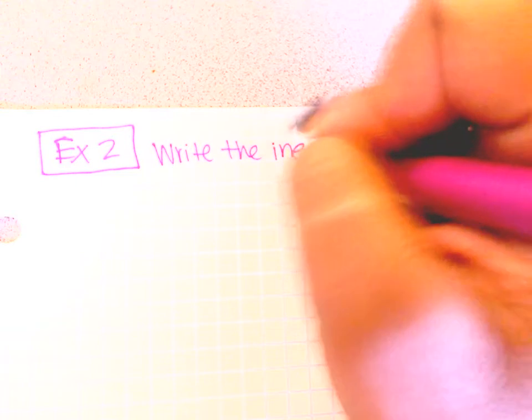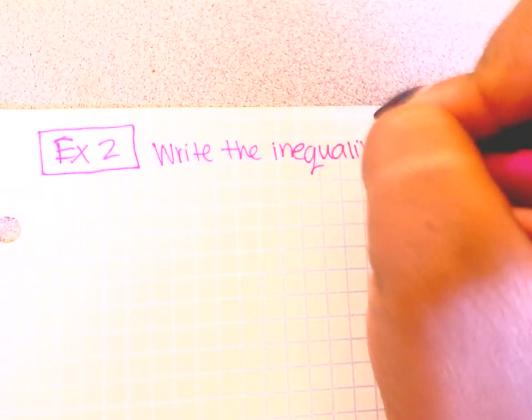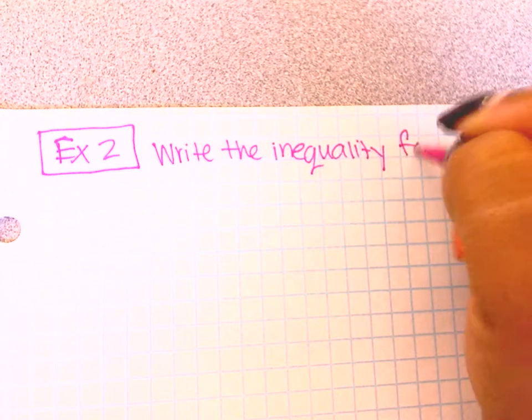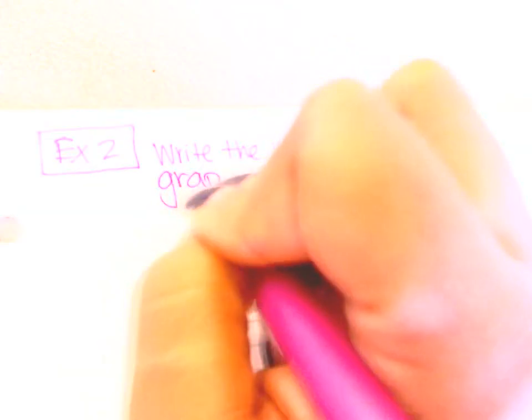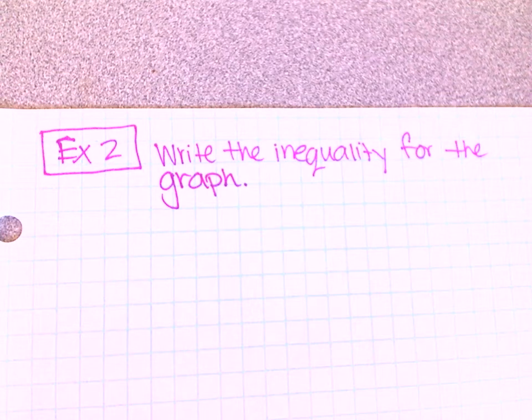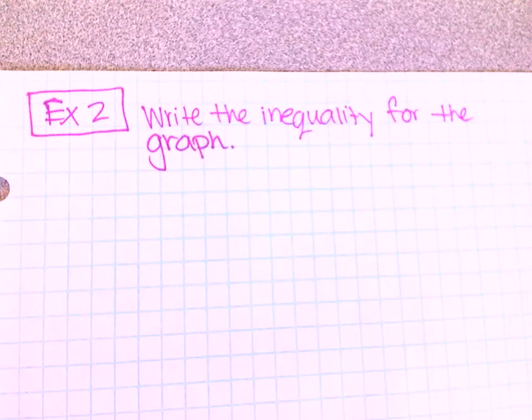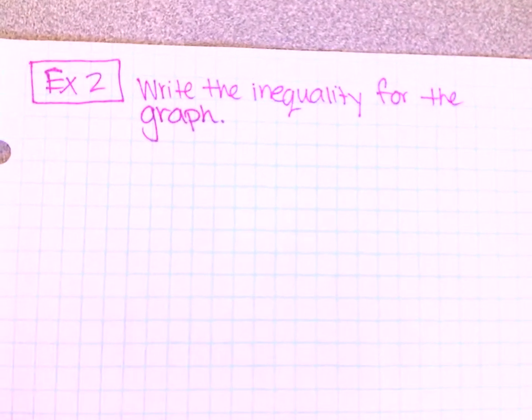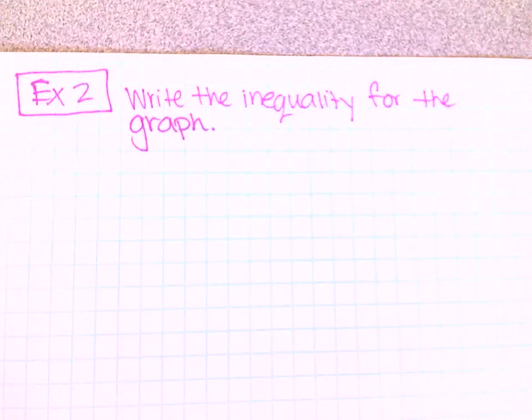These directions say to write the inequality for the graph. So this time they're going to give you a graph, and you have to determine what the inequality is by looking at the information. Okay, for example, let's look at letter A here.